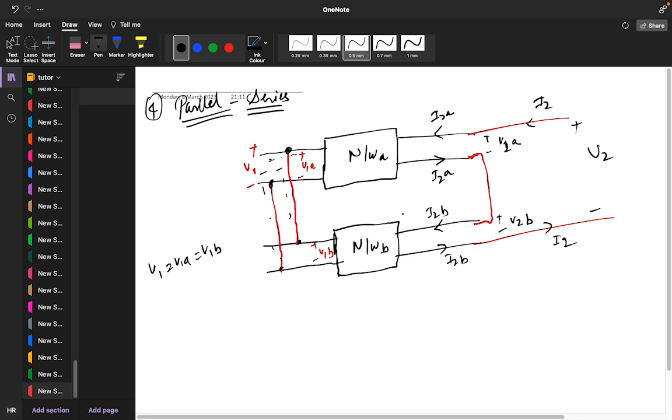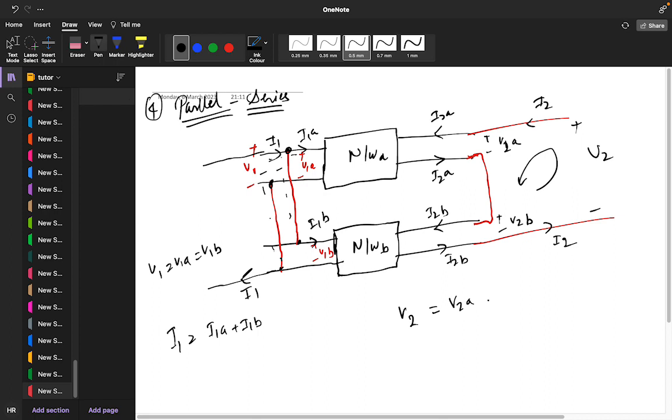From this part you assume I1 current. If this is I1a and this is I1b, then I1 is equal to I1a plus I1b. And if you apply KVL, V2 is equal to V2a plus V2b.